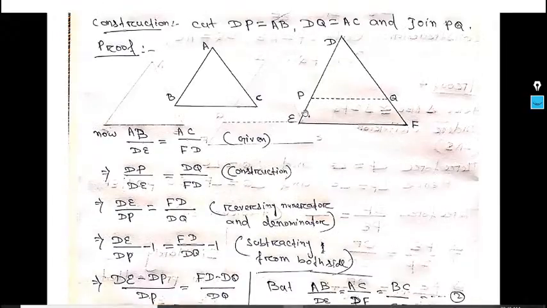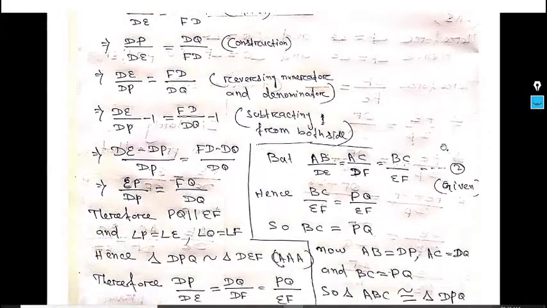If angle P is equal to angle E and angle Q equal to angle F, then what will happen? Angle D is common for both triangles. So in these two triangles, triangle DPQ and triangle DEF, three corresponding angles are equal. If three corresponding angles are equal, two triangles become similar. So therefore, triangle DPQ is similar to triangle DEF. This is what we have written.